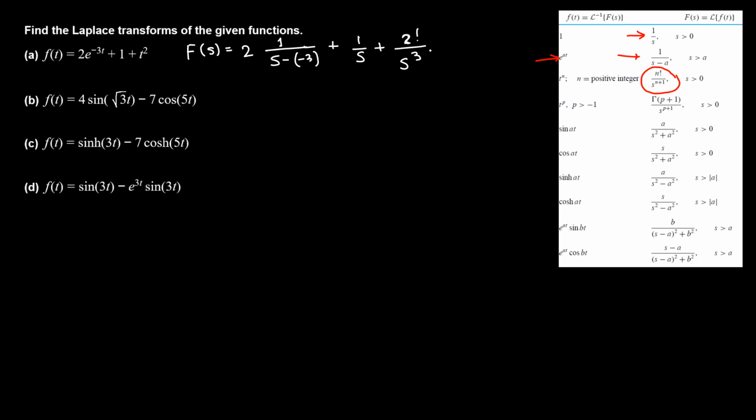We can simplify this, and that is now 2 times 1 over s plus 3, plus 1 over s, plus 2 factorial, which is 2 times 1, just 2 over s cubed.